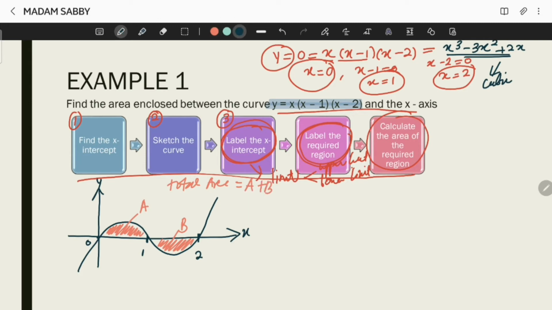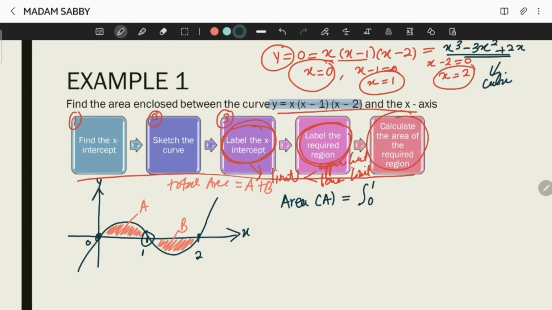Next, once we have sketched the curve, labeled the x-intercepts, and labeled the required region, we can proceed to calculate the area of the required region. First, for area A, the upper limit is the bigger x coordinate, which is 1, and the lower limit is the x-intercept with the lower value than 1, which is 0.